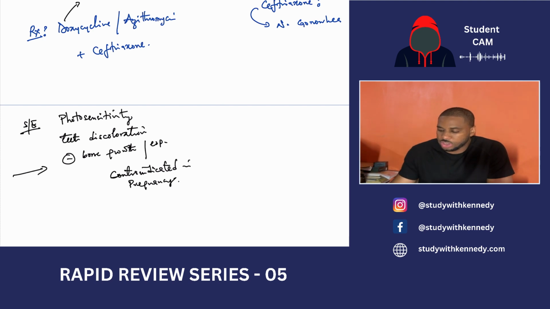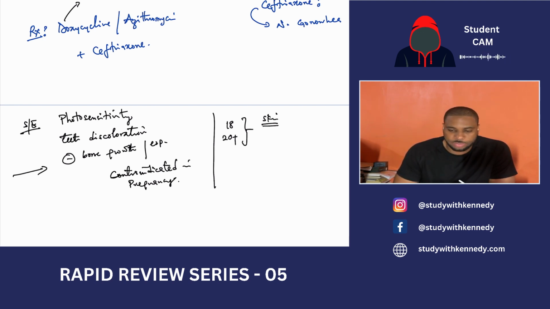That's the big one. You're looking for the 18-year-old, 20-something-year-old adolescent that goes on the beach, for example, and has these reactions on the skin. What's the most likely cause? This person had a sexually transmitted infection, was probably taking doxycycline, and now developed photosensitivity. That's the one.